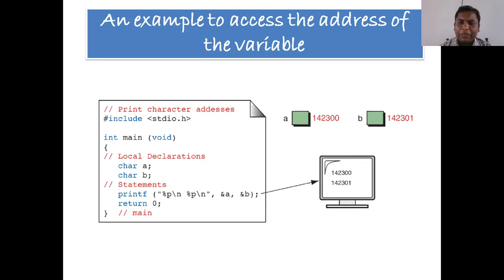For different computers or different instances, you will be getting different output, and it all depends on the memory available where you are storing A and B variables.